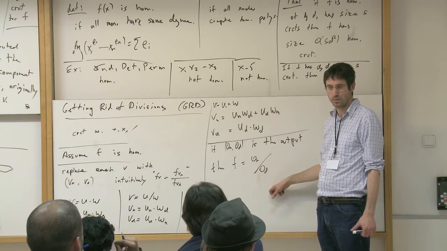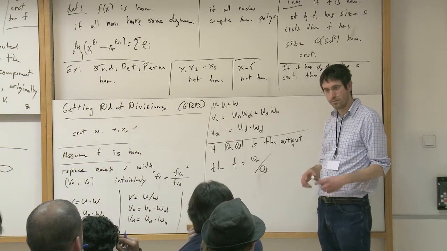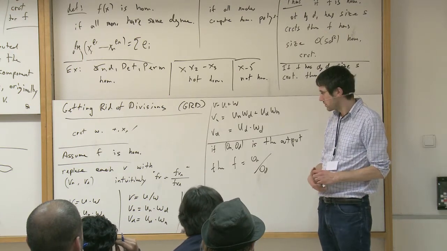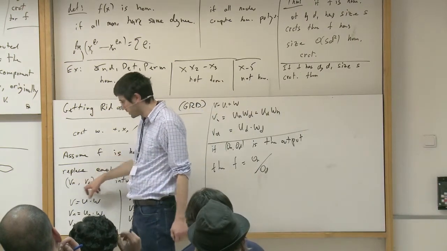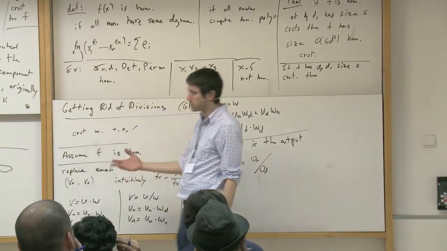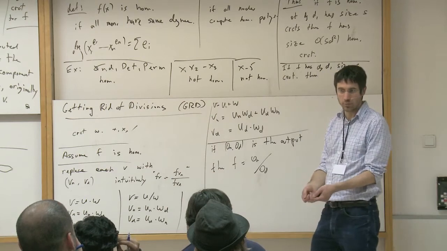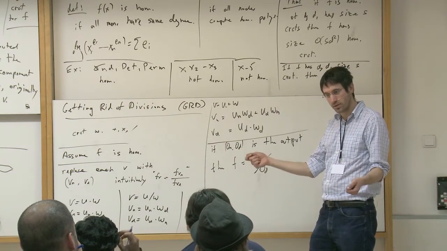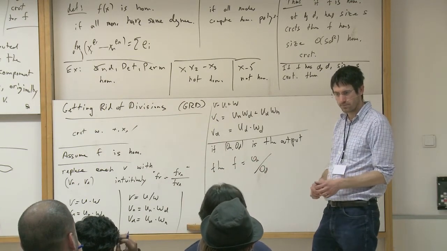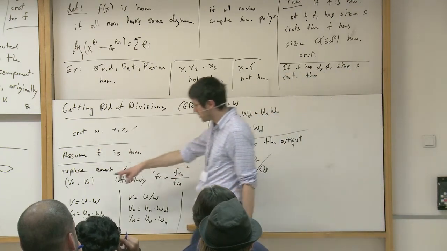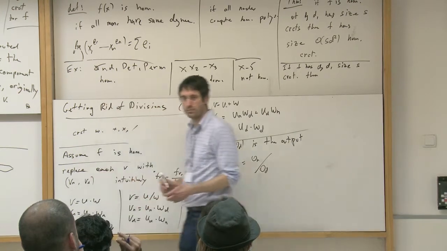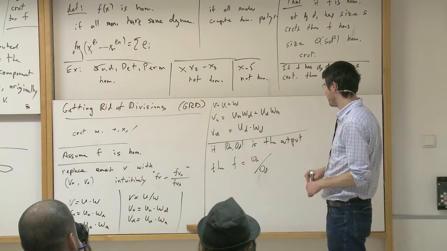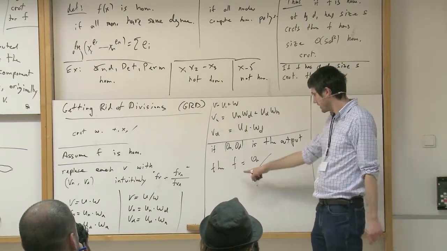Both are v: the numerator of v and the denominator of v. And if v is u times w, you need to compute the numerator from the numerators. So at the end, I need to compute this.